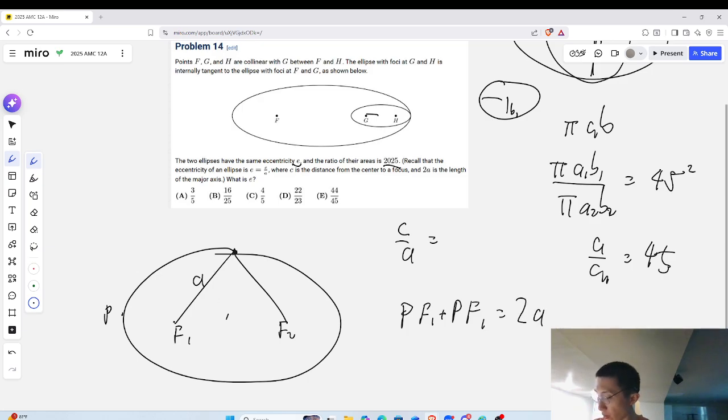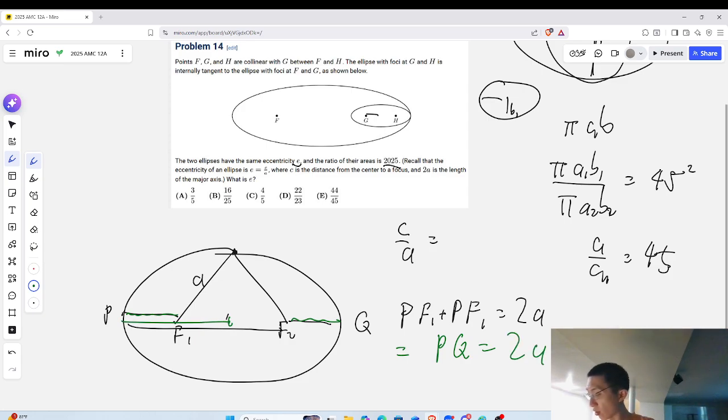This is 2A, because if we add this plus this, by symmetry PF1 is the same as QF2, so this part is the same as this part. Then this is just the total major axis of the ellipse, which is PQ. Since A is half the major axis, this is just 2A.